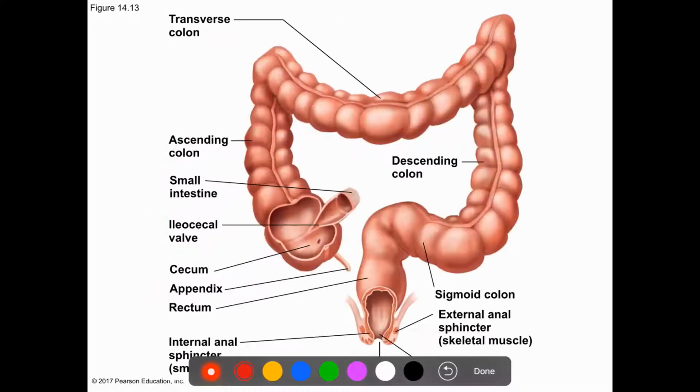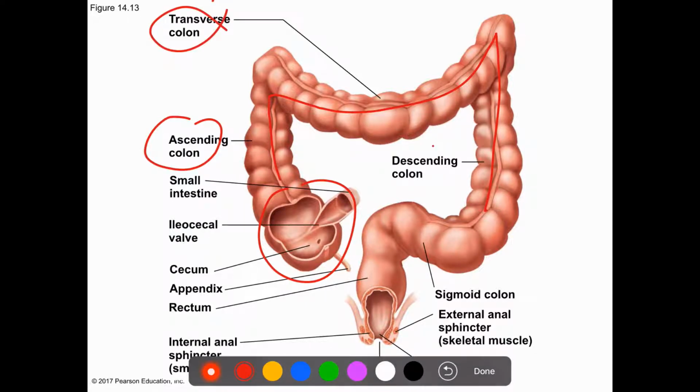We have the cecum, we have the colon, which is made out of ascending colon, transverse colon, descending colon, all of these parts of the colon, and then the sigmoid colon. Then we have the rectum, and we have the anus, which is the exiting point.